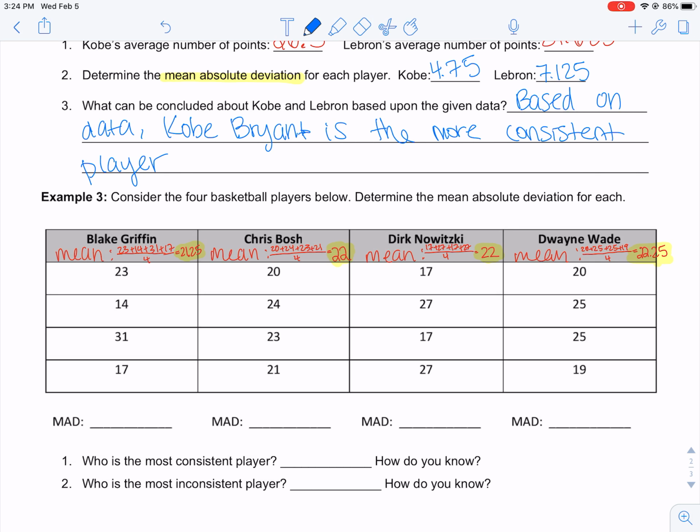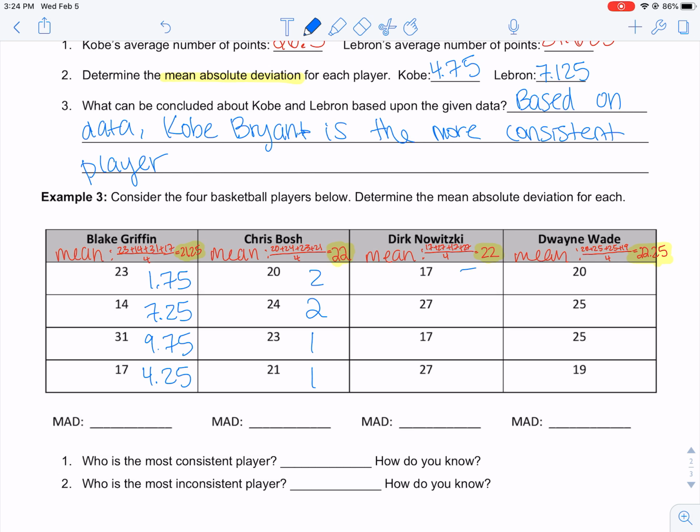So 21.25 subtracted from 23, since it's the bigger number, is 1.75. 21.25 minus 14 is 7.25. 31 minus 21.25 is 9.75. 21.25 minus 17 is 4.25. Next one, 22 minus 20 is 2. 24 minus 22 is 2. 23 minus 22 is 1. 22 minus 21 is 1.